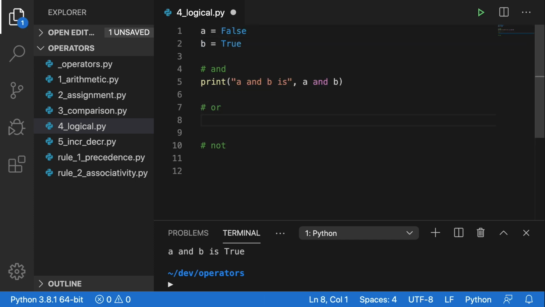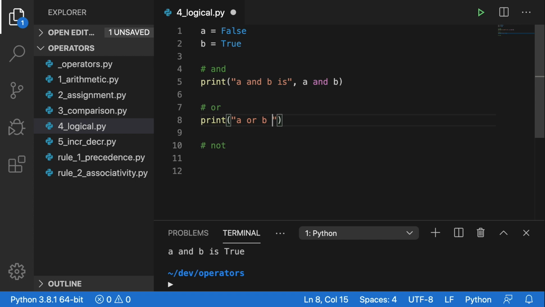Let's move forward to our next logical operator, which is OR. It will be true if either of the operands is true. So either A is true or B is true.